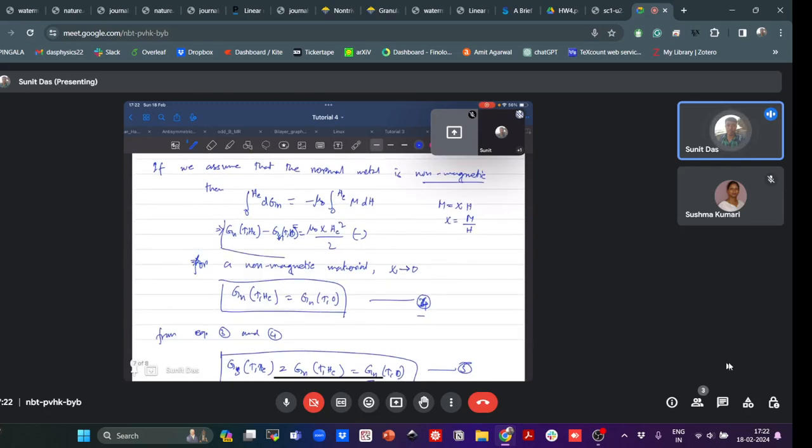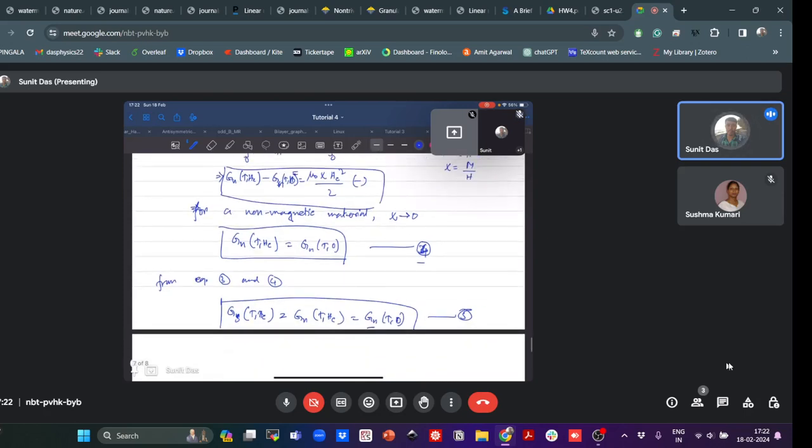Now we will use this equation. G_N(T, Hc) is essentially equal to G_S(T, Hc), right?